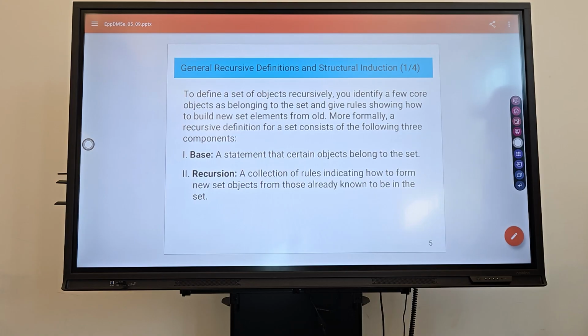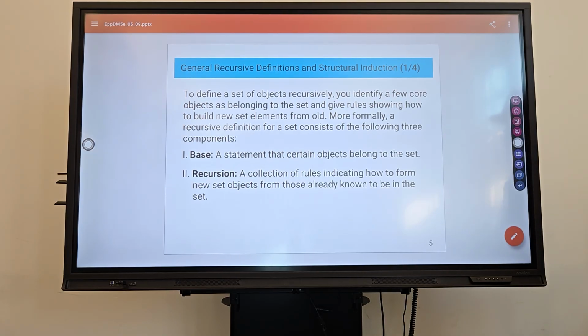Recursively defined sets. To define a set of objects recursively, you identify a few core objects as belonging to the set and give rules showing how to build new set elements from the old. More formally, a recursive definition for a set consists of the following three components. Base: a statement that certain objects belong to the set.